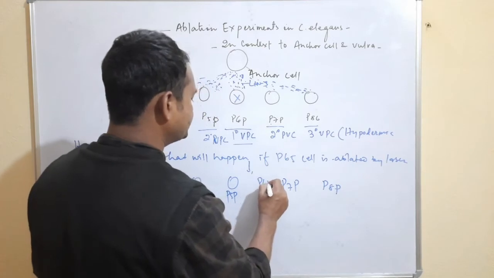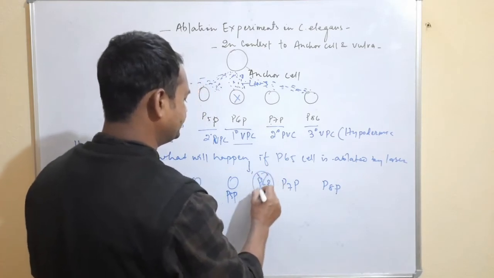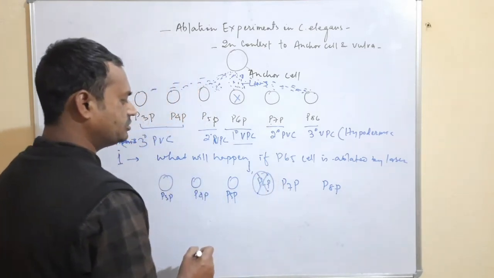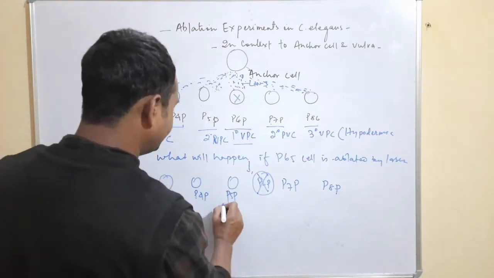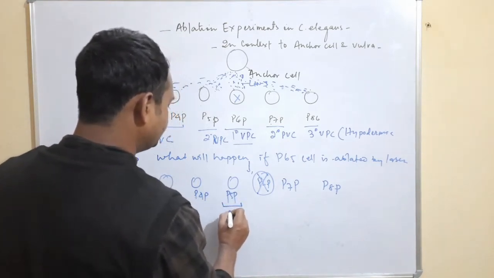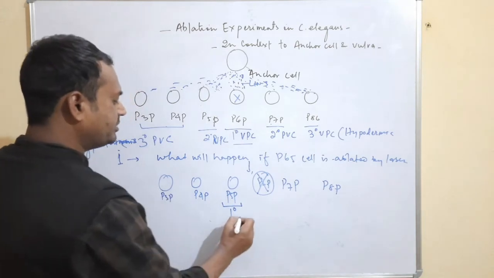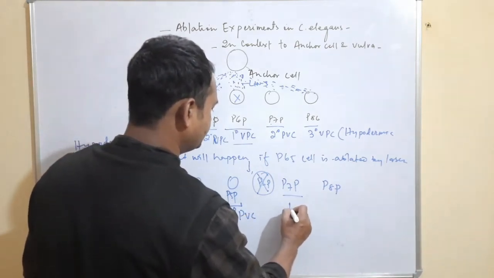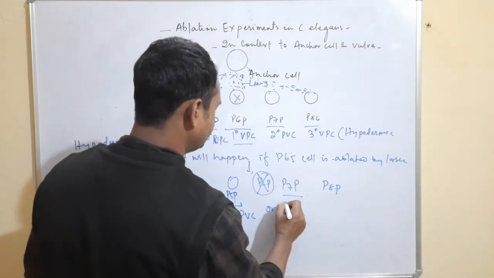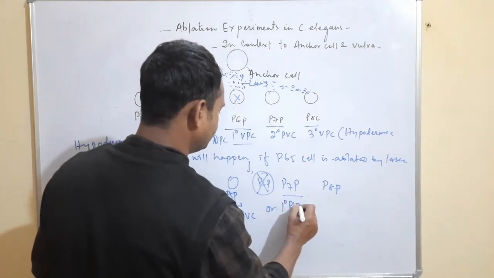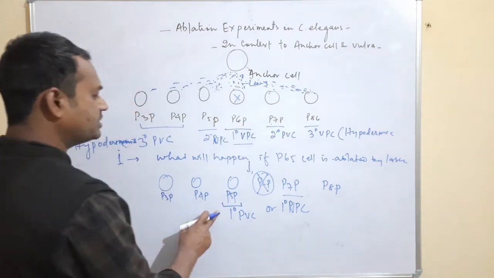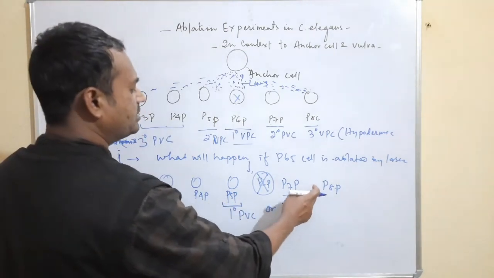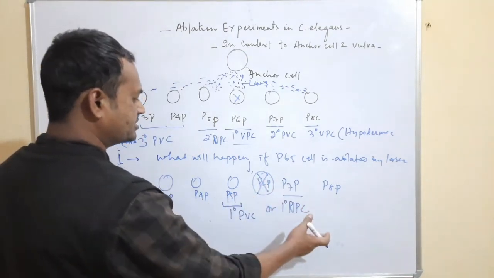What will happen here? Either this one or this one will acquire the primary vulva precursor cell fate.